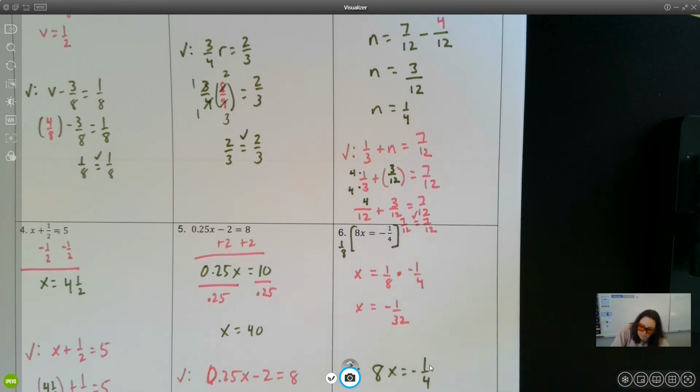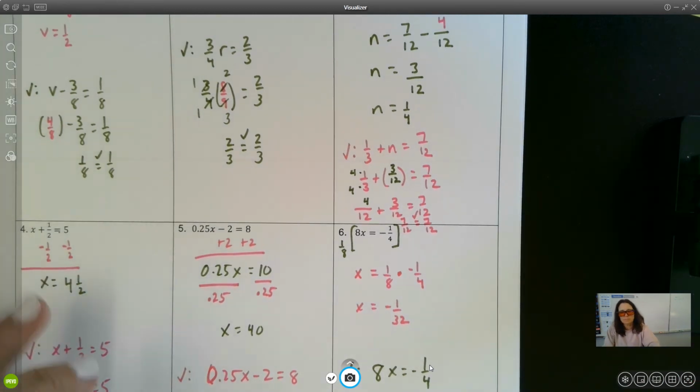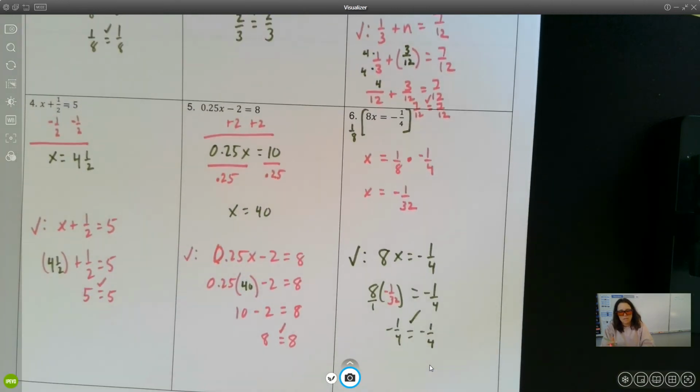That checks out. Scooch it up. Okay, throw in that negative 1/32. Let me just repeat what I already said, but you couldn't see it, so let me repeat it. And then 8 times negative 1 over 32 does in fact come out to be negative 1/4.